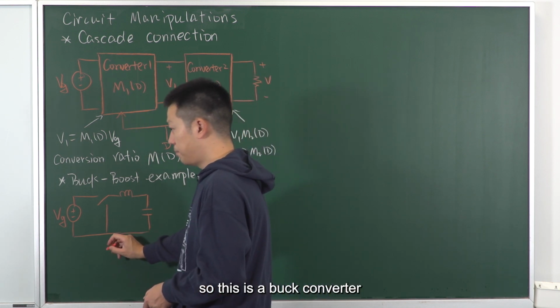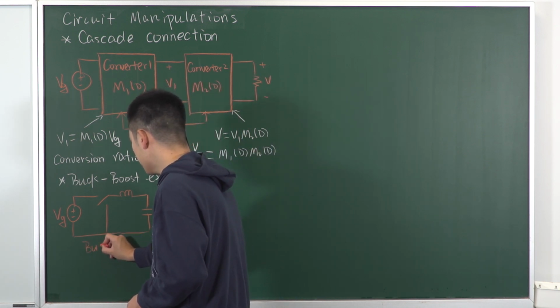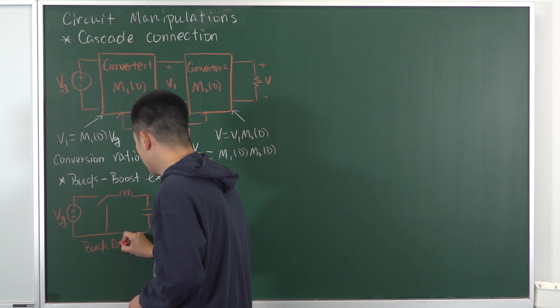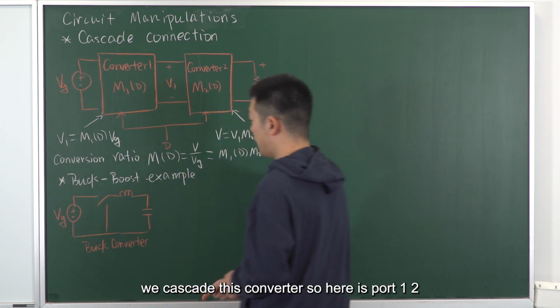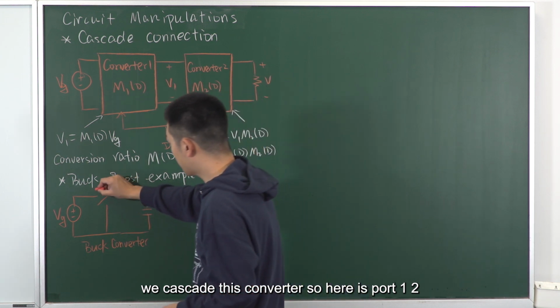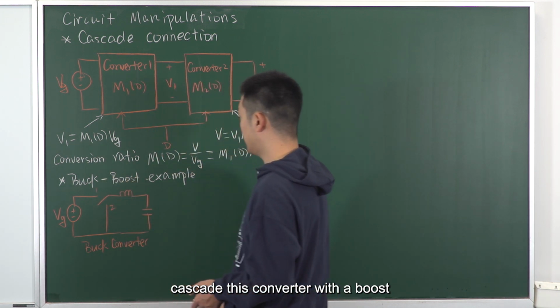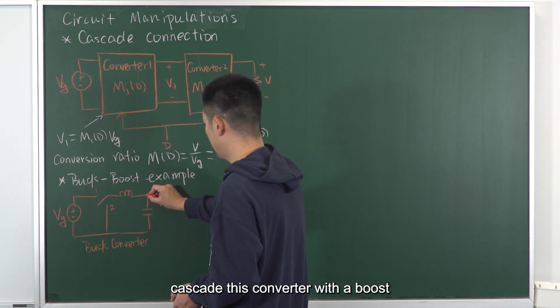So this is a buck converter. We cascade this converter, so here is port 1, 2, with a boost.